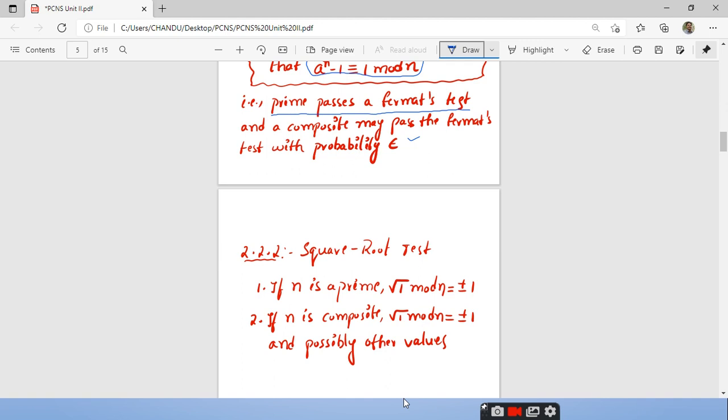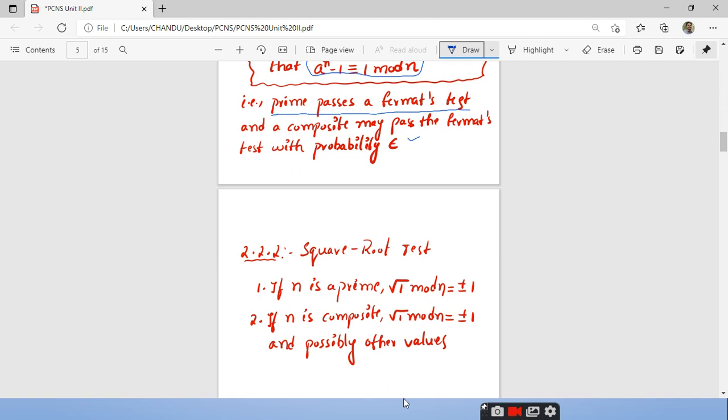But why are we discussing it? Because this is the basic probability test, the first probabilistic algorithm. That is the reason why we are discussing it. But we don't get very good results from this Fermat test. Again, the complexity is exponentiation in nature.